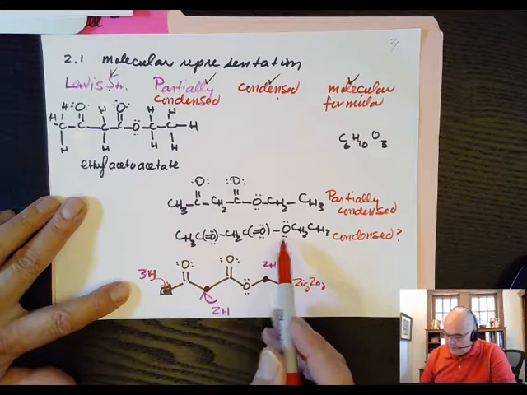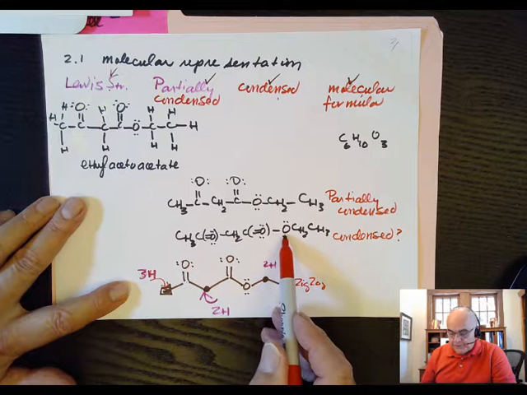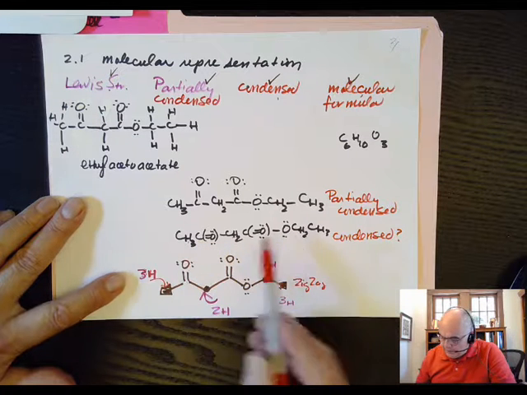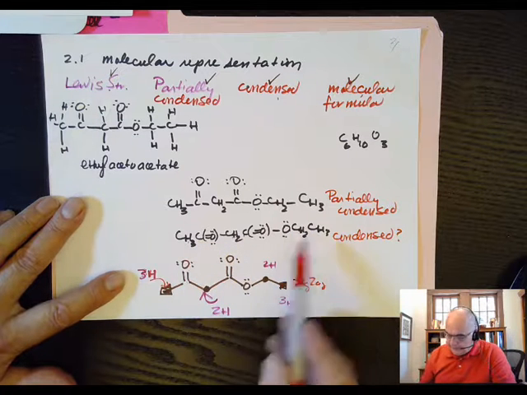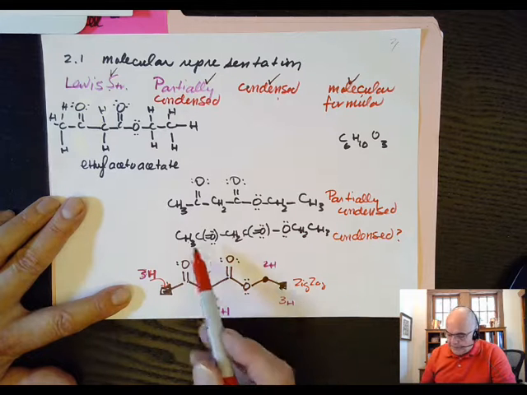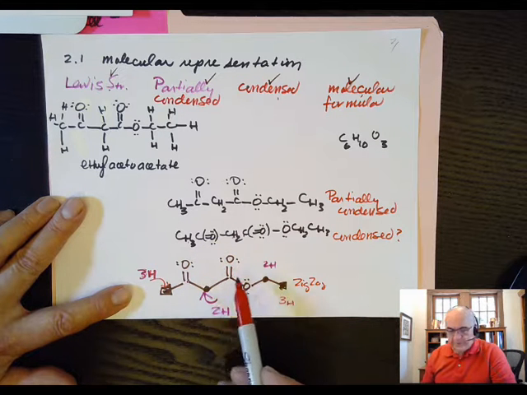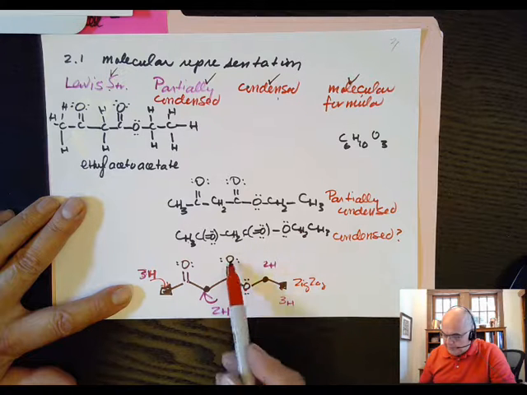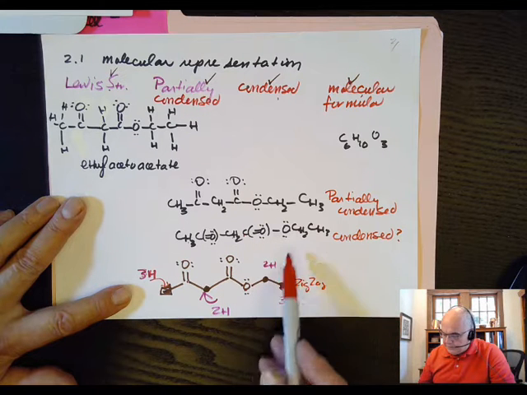4. Oxygen is part of the structure. So we have 1, 2, 3, 4, 5, 6, 7. Carbon number 2, if I count it this way, is C double bond O, CH2, C double bond O, O, CH2, CH3.